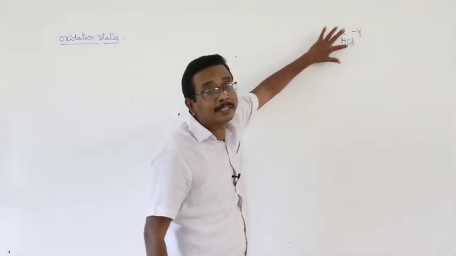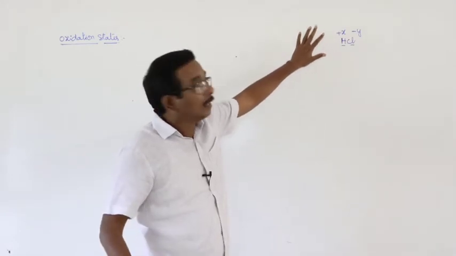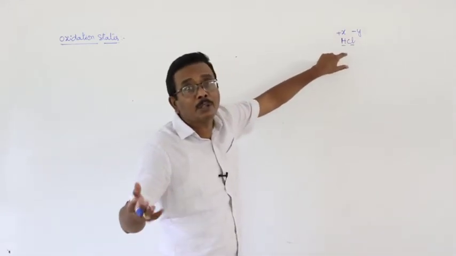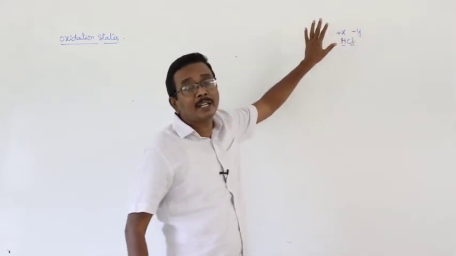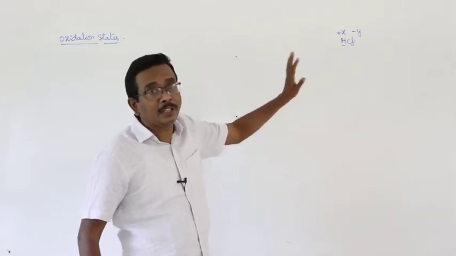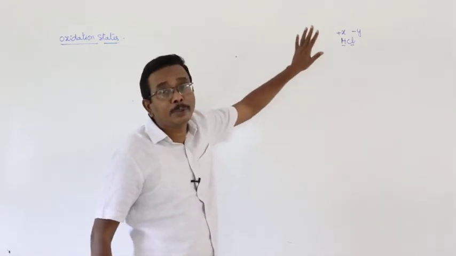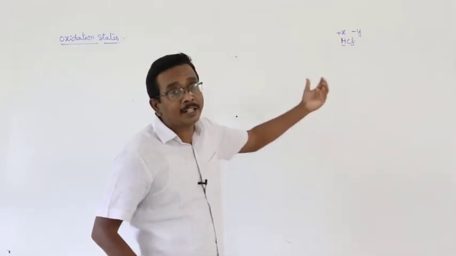Here this is the HCl molecule. There is no charge on the molecule, and the molecule is almost all neutral. So whatever the charges that appear on the atoms, by summing we should get the zero value, meaning the molecule should be neutral. Otherwise that is considered a polyatomic ion.